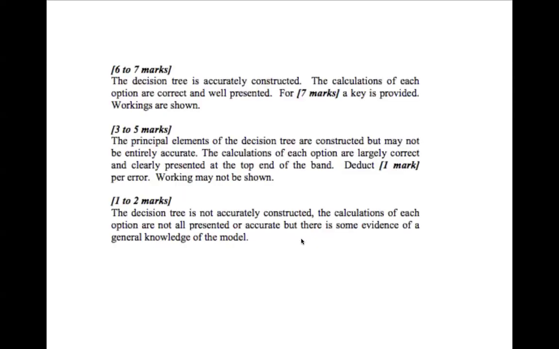A typical rubric that is used for this makes sure that you have an accurately constructed decision tree. Your calculations are correct and well presented. You need to have a key and you need to show your work. We're going to talk through what that work looks like in class, but you definitely do need to have a key and show your work.